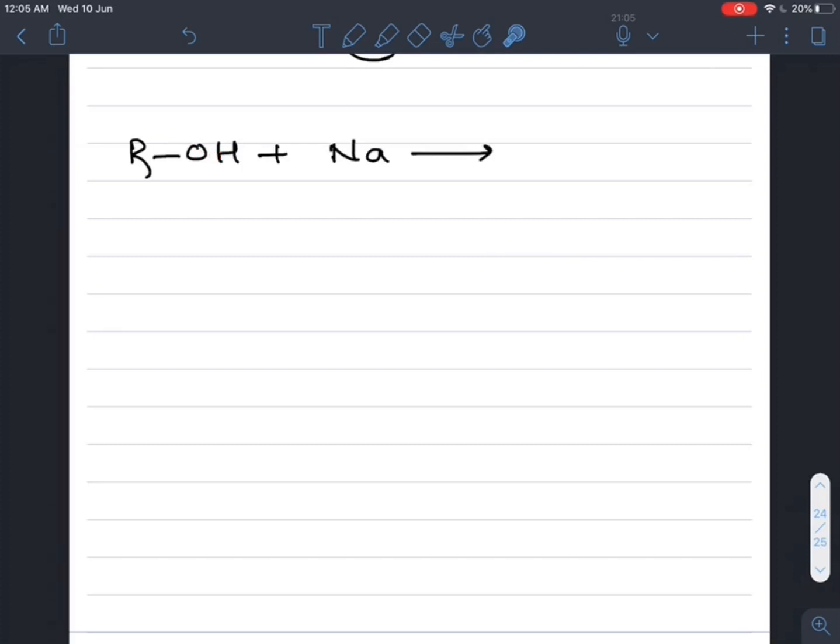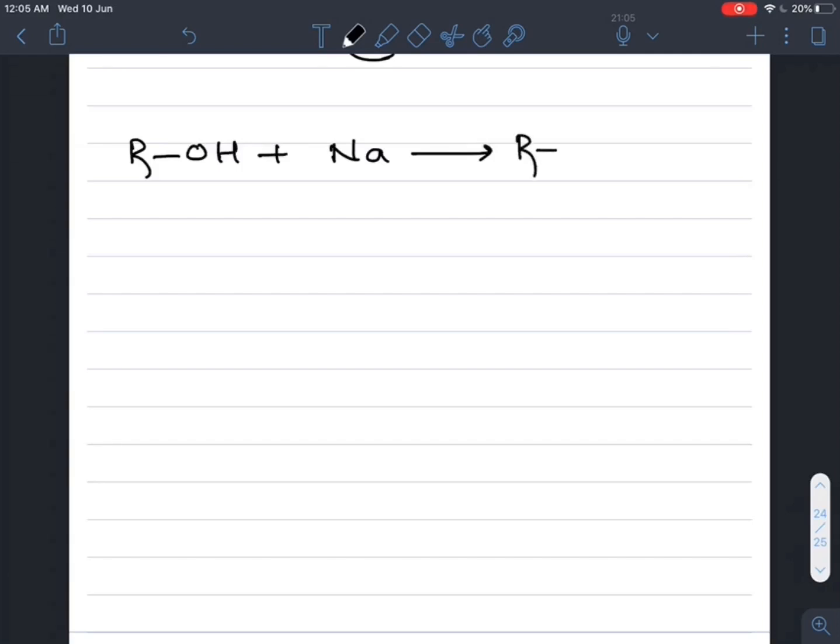The bond breaks heterolytically, forming RO minus plus H plus, and the sodium Na plus gets substituted to the alkoxide group, RO, forming RONa, that is sodium alkoxide.